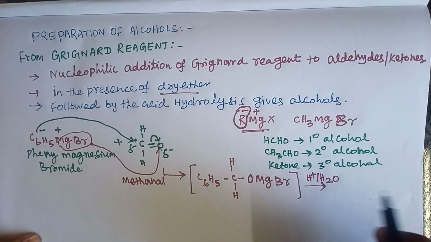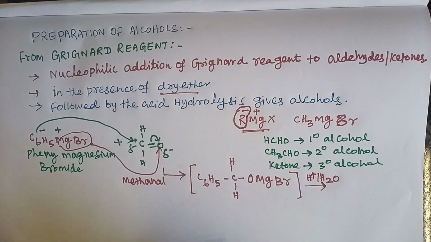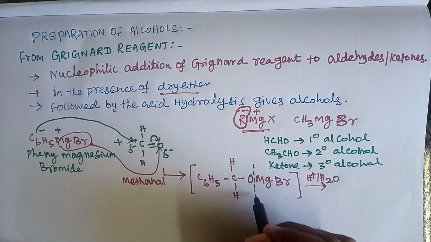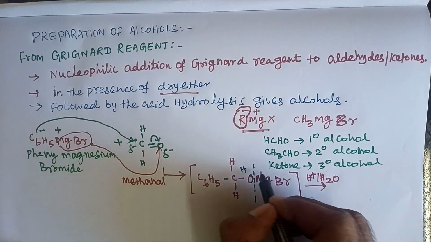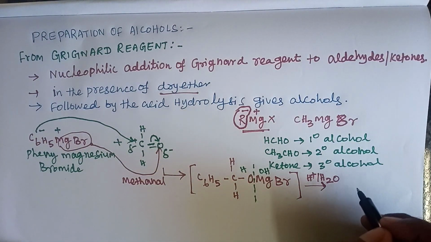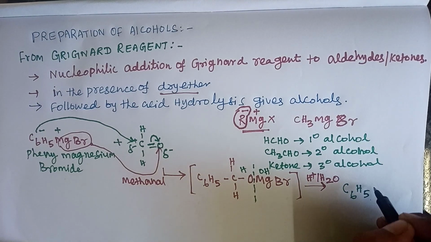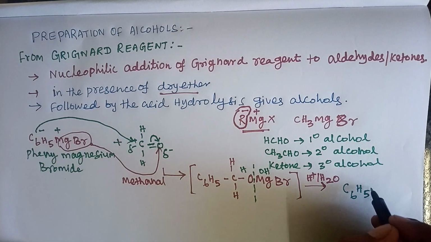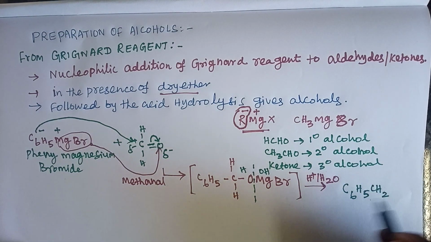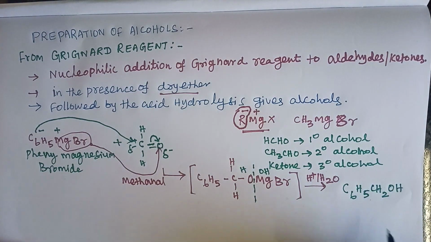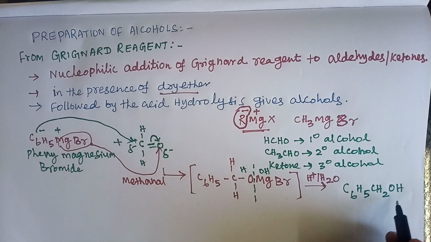Here hydrolysis takes place. The bond is breaking here, giving H and OH. So it gives C6H5CH2OH.